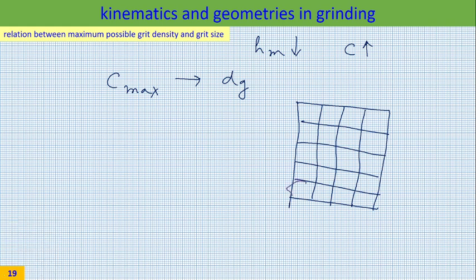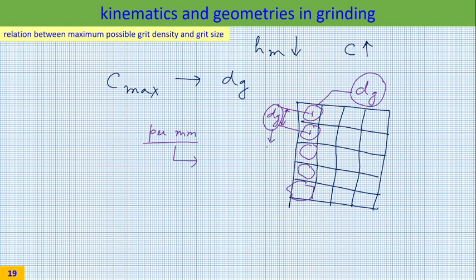And this is one grid sitting on that. This is the next grid, and the next, and the next. This grid has an average diameter of DG. In that case, what is the pitch of them, that is, what is the center distance? That is also DG.